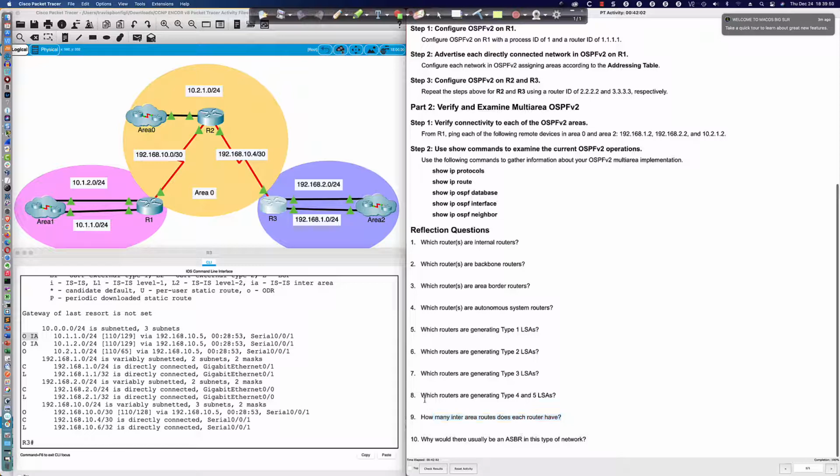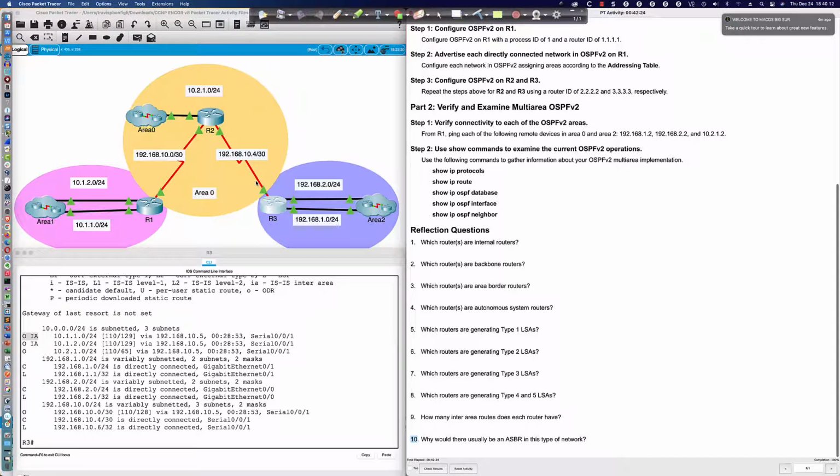So now we want to address question 8 and question 10. The question that 8 is asking is, which routers are generating type 4 and type 5 LSAs? Well, there are no routers generating the type 4 or the type 5 LSA. And there's a very good reason for that.